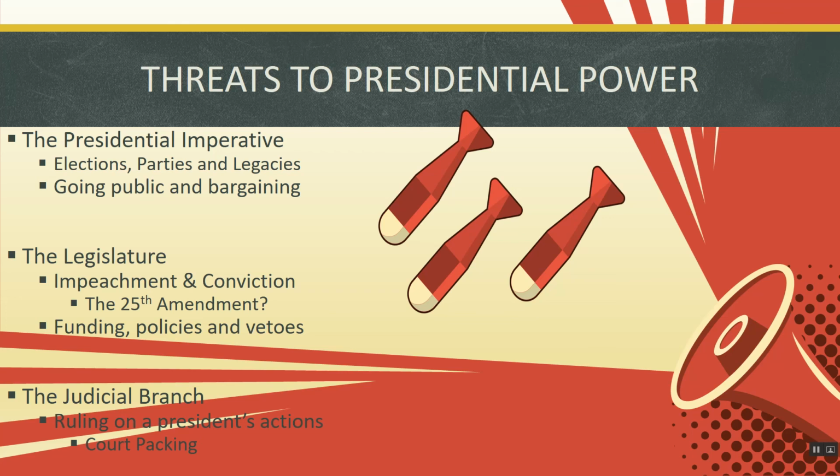And it is only when 2/3 of the Senate finds the president guilty as charged in the articles of impeachment, ratified by a simple majority vote in the House, that the president will be removed from office. 3 different presidents have been impeached in the history of our country, but at no point have they ever actually been convicted and removed from office. So impeachment and subsequent conviction is a nuclear option that Congress can use to remove a president from office. But it's never actually been utilized.